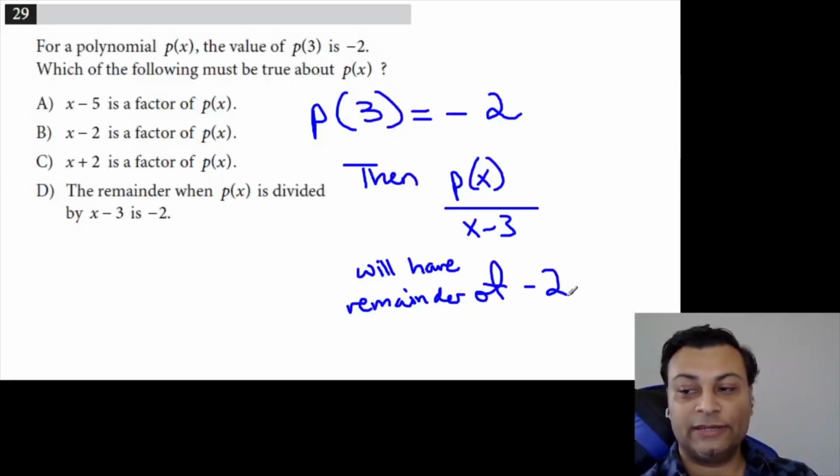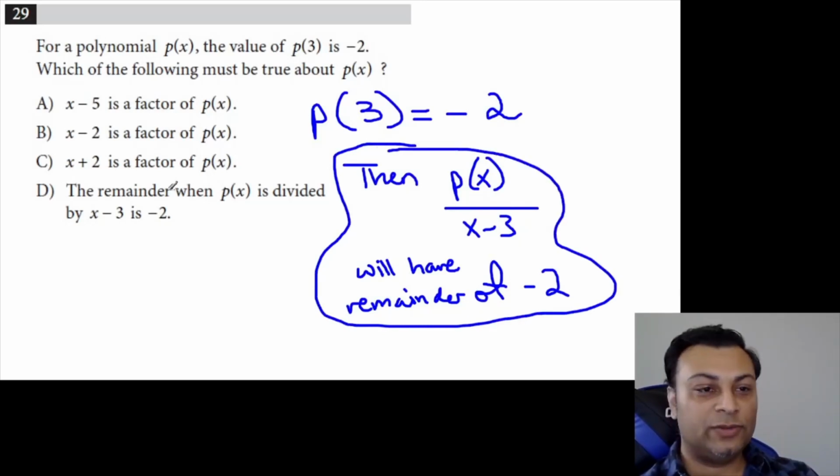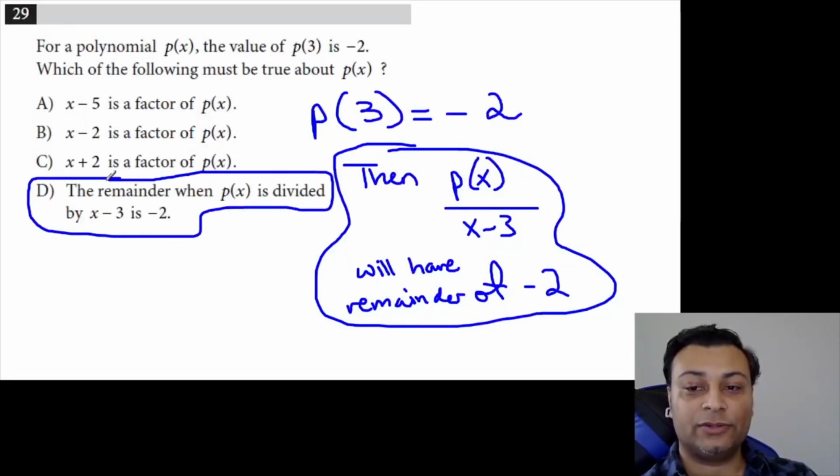We'll have a remainder of negative 2. The remainder when p of x is divided by x minus 3 is negative 2. So the answer is D. This is from the remainder theorem.